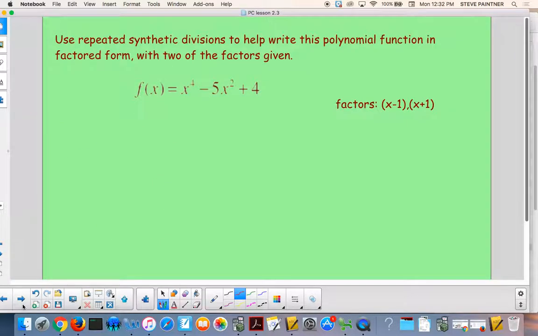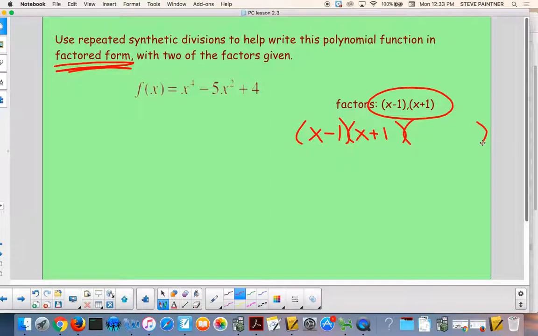Okay. Use synthetic substitution again to help write this polynomial function in factored form. They want you to factor this with two of the factors given. Well, look, they've already given you this times this times what?